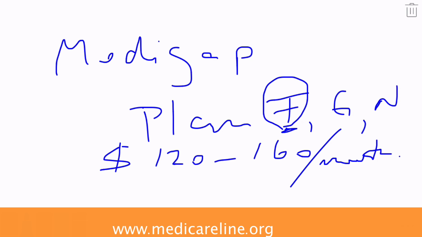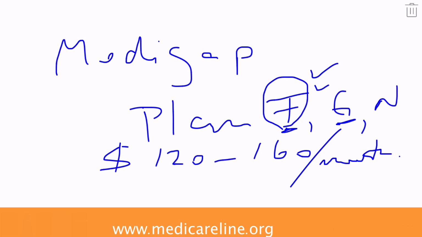So you don't have to pay anything out of pocket. If you stay for more than 60 days, you don't have to worry about that. It'll be picked up. If you have the Part B, remember we talked about the 166 annual deductible, it'll be picked up by Plan F. The 20% coinsurance, which is a very variable cost there, it'll be picked up by this Plan F and G.